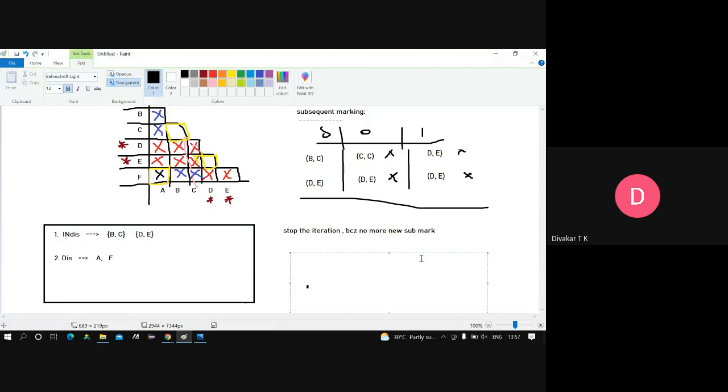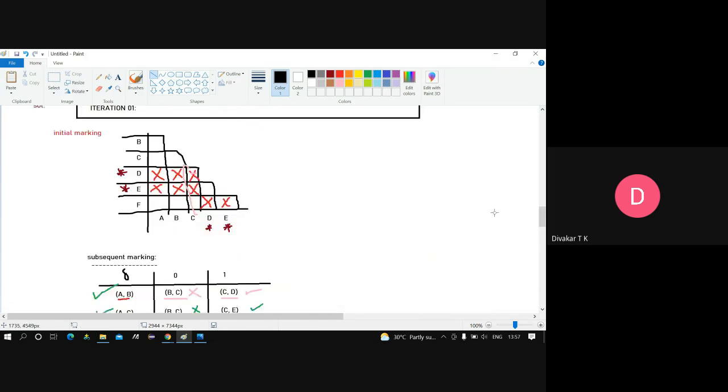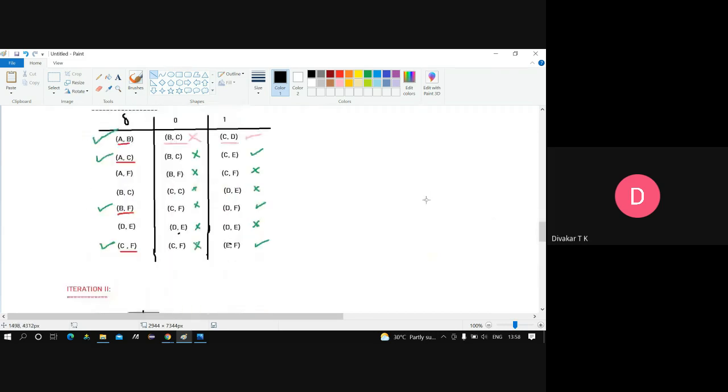So you have to do the transition table and transition diagram. Continue.